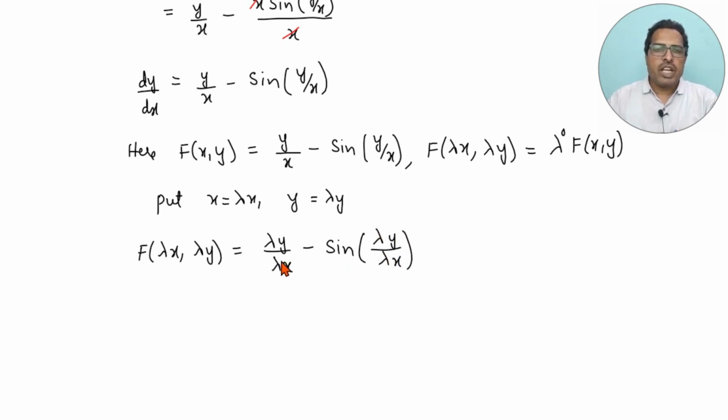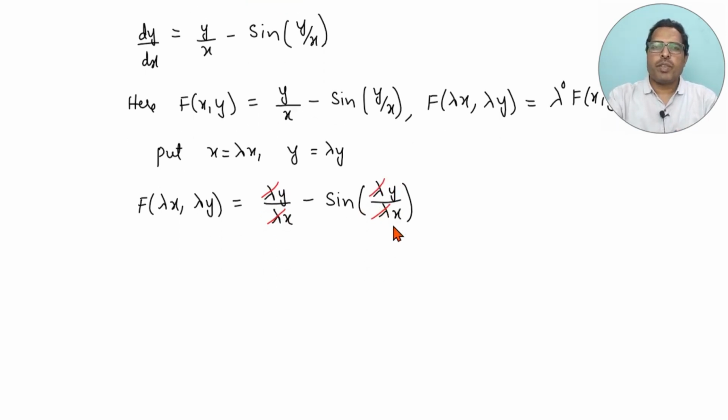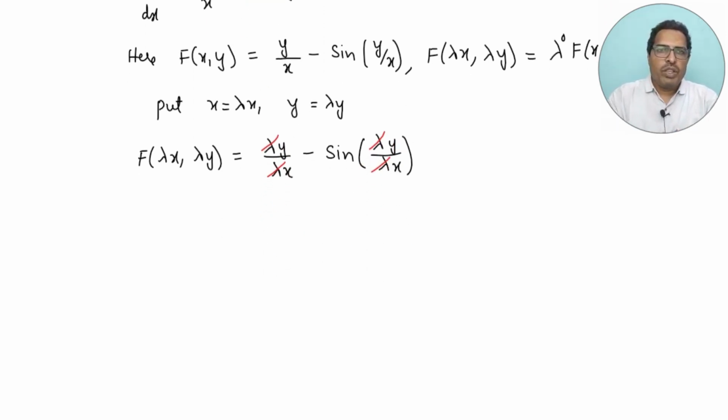We see that these lambda values will cancel out. We are left with y by x minus sine of y by x.